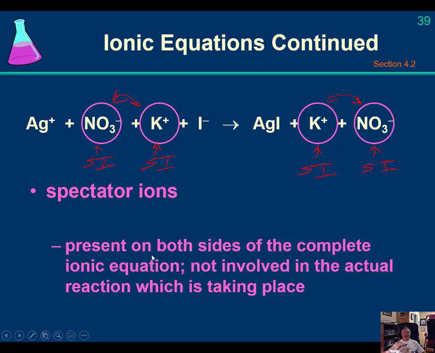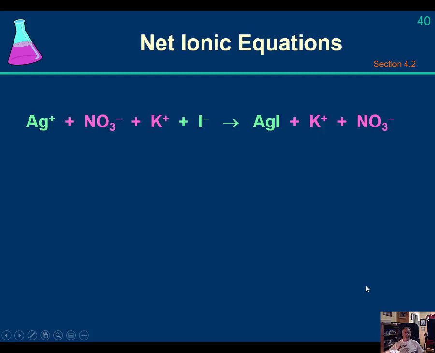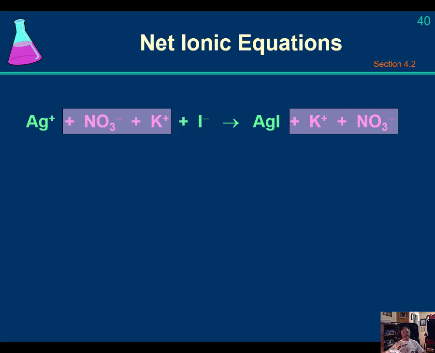So the spectator ions are present on both sides of the complete ionic equation. They're not involved in the actual reaction that's taking place. They are doing nothing at this point. Okay? So once you've identified the spectator ions, you throw them out.